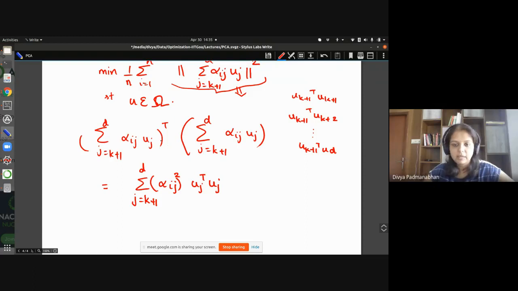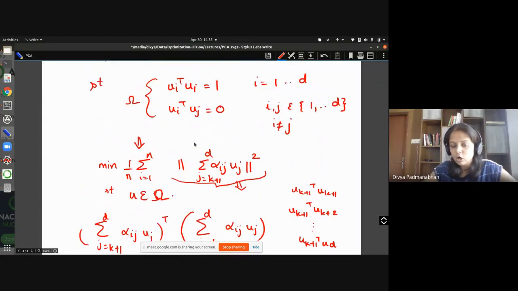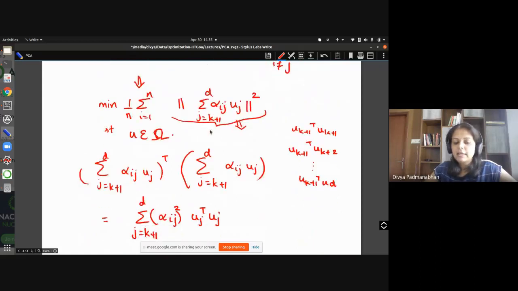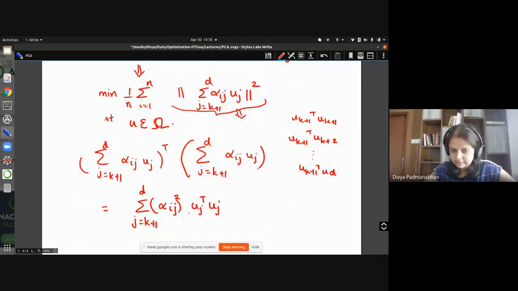All the cross terms, any ui transpose uj, or uj transpose uk, anything where the indices are not equal, those terms just vanish because they are supposed to be orthonormal. So what you're going to get is just these terms, and this is for every i. So the objective is just going to be this.